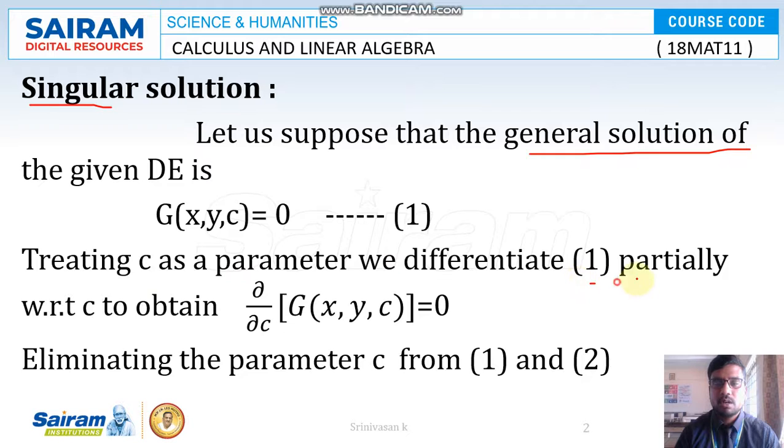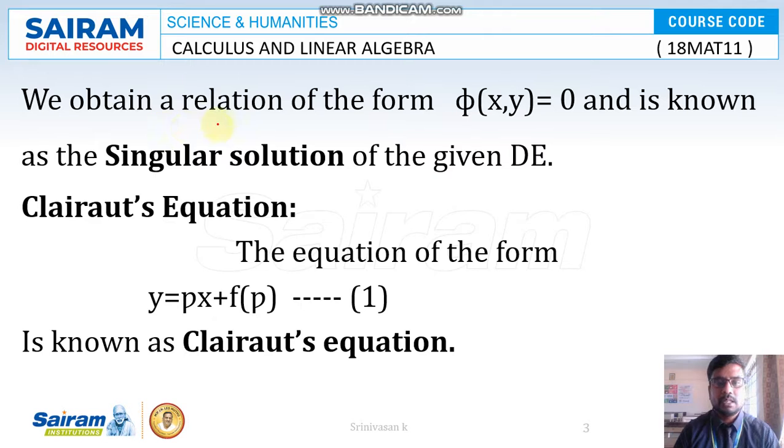We differentiate partially with respect to c to obtain ∂/∂c g(x, y, c) = 0. Next, eliminating the parameter c from equation 1 and equation 2, we obtain a relation of the form psi(x, y) = 0, which is known as the singular solution.